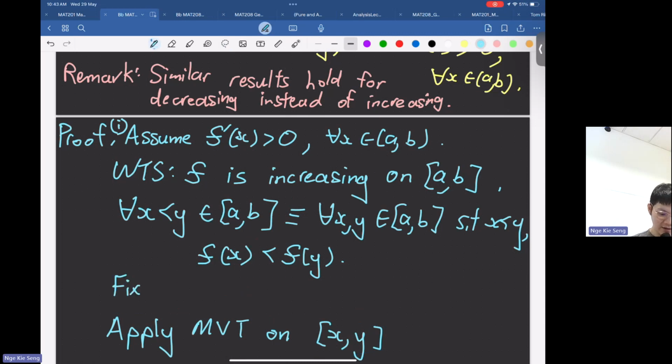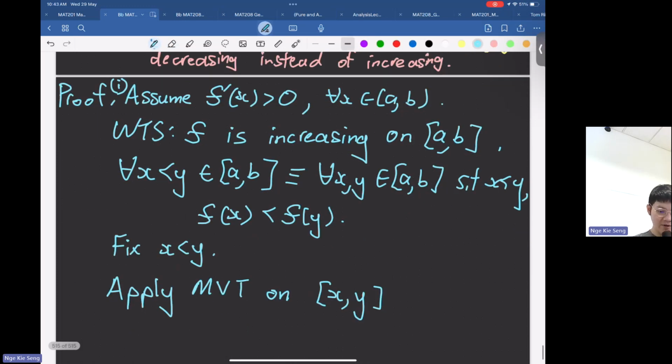We need to fix x less than y first, and then we can apply the mean value theorem. Because if y is less than x, the interval doesn't make sense. It's empty.